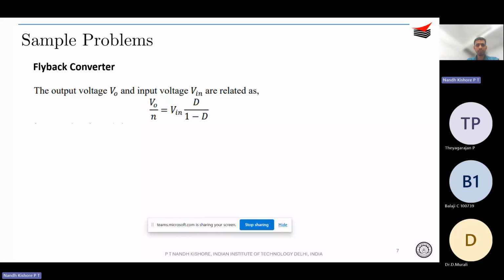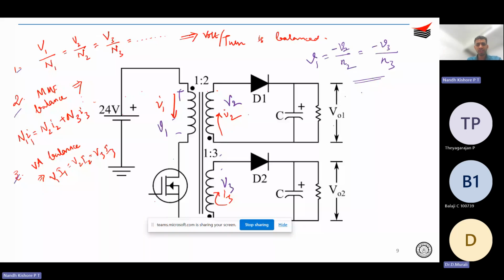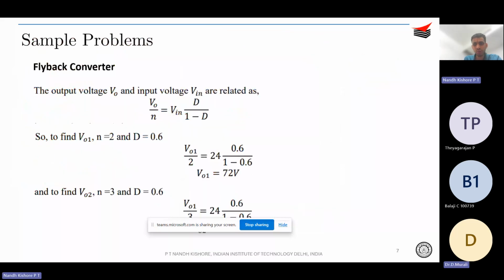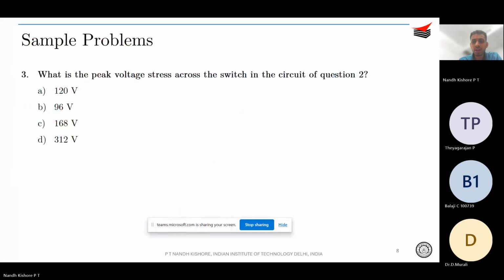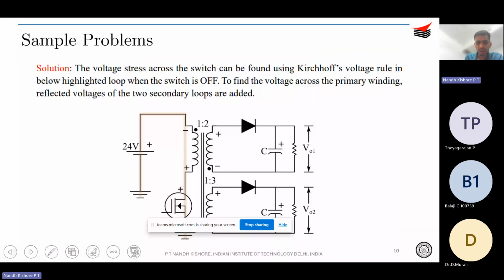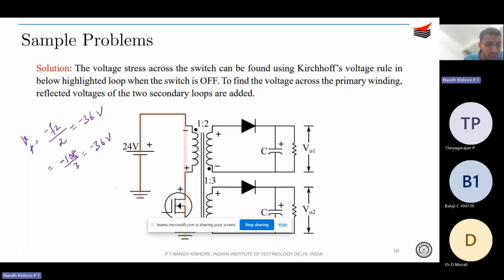We will use that relation, and VO1 is actually 72 volts and N is 2. Therefore, Vp is equal to minus 72 over 2, that is minus 36 volts. Or you can also write minus 108 over 3, which is again minus 36. VO2 was 108 volts. So you get Vp equal to minus 36.